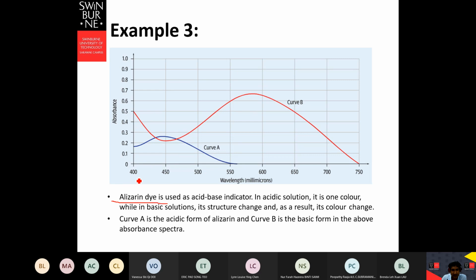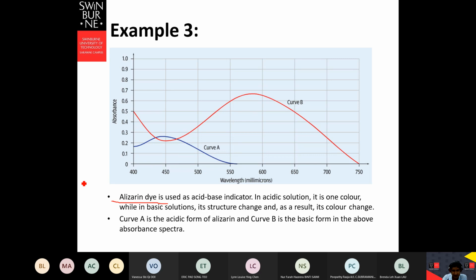It's just like phenolphthalein, right? We have used phenolphthalein for our titration. So it is also like phenolphthalein, just another chemical indicator that we use for titration. It changes color just like phenolphthalein changes color.